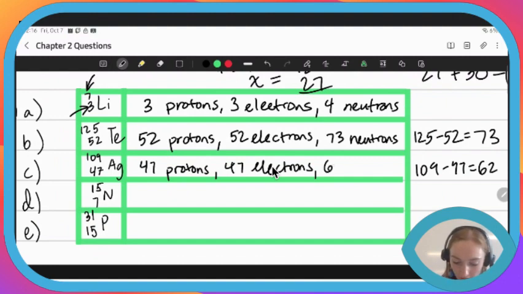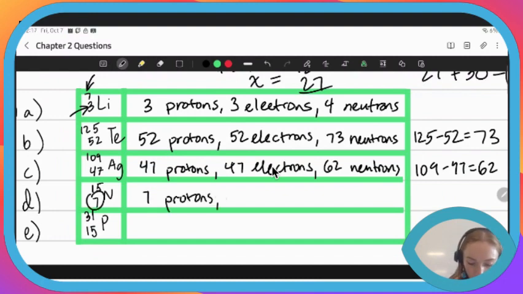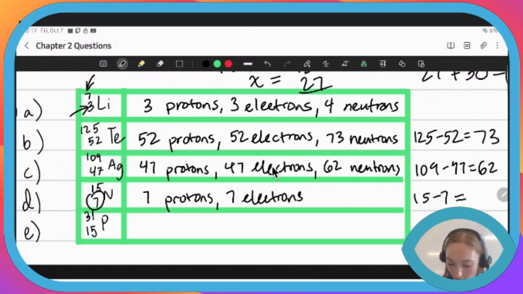So we have 62 neutrons. Okay, and so for nitrogen, I believe that's what this is, yes, we have 7 protons, 7 electrons, and 15 minus 7 equals 8. So we have 8 neutrons here.